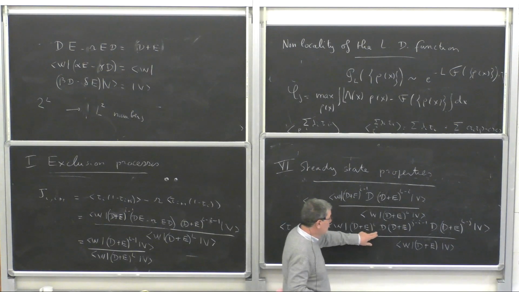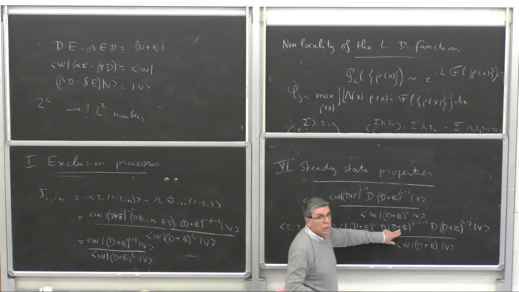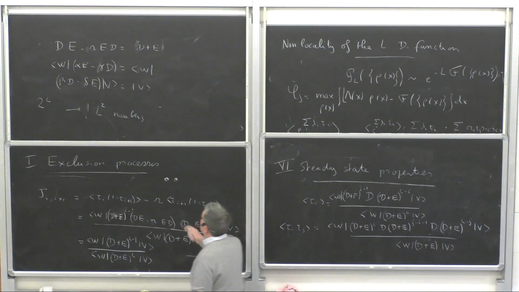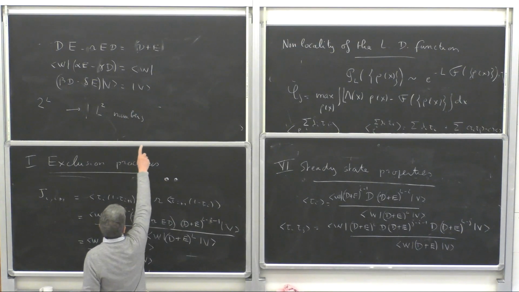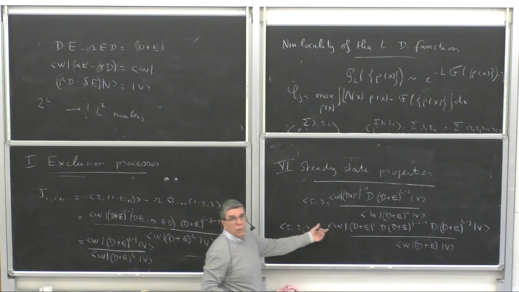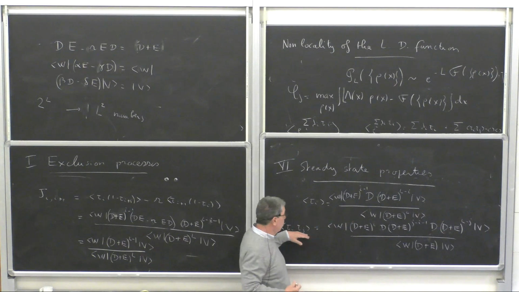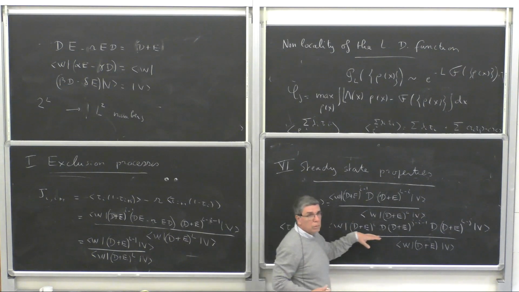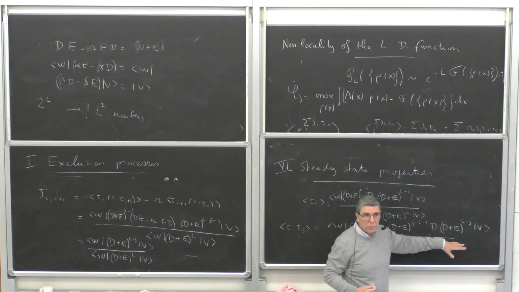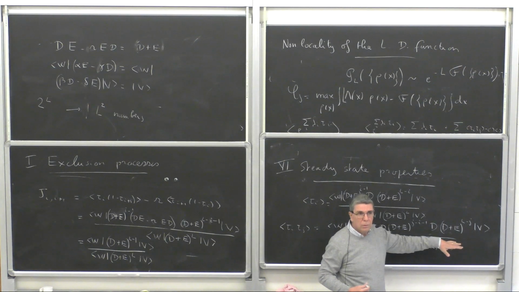Then the difference will be DE minus ED, and DE minus ED for the SEP is D plus E, so it does not depend on I. So you can get immediately that for the SEP, all the correlation functions will be linear in each coordinate this way.